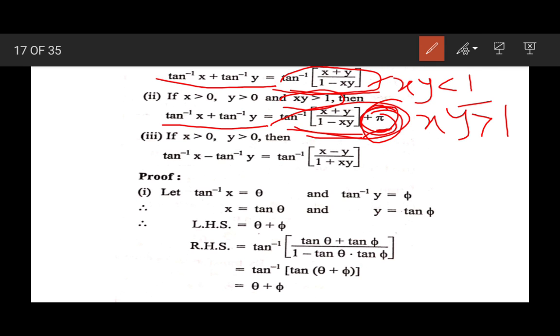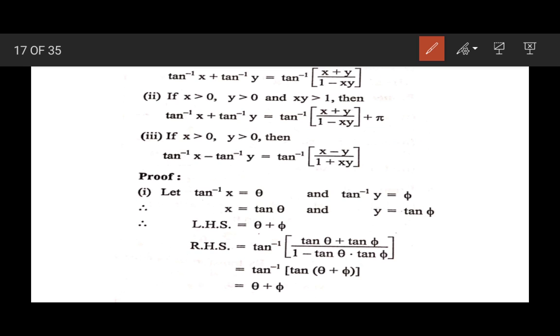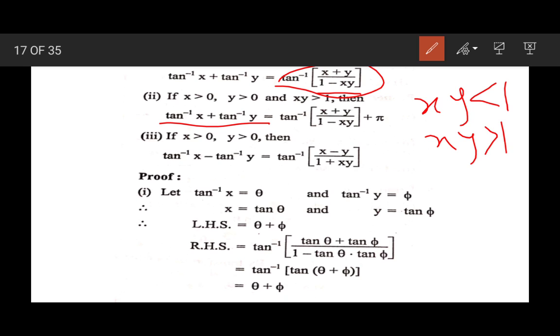So whenever you want to use the formula for tan inverse x plus tan inverse y, first you have to check the x into y term. If x into y is less than 1, then we will use simply tan inverse of (x plus y) upon (1 minus xy), and whenever xy is greater than 1, then we will use this formula, where plus pi is additional.